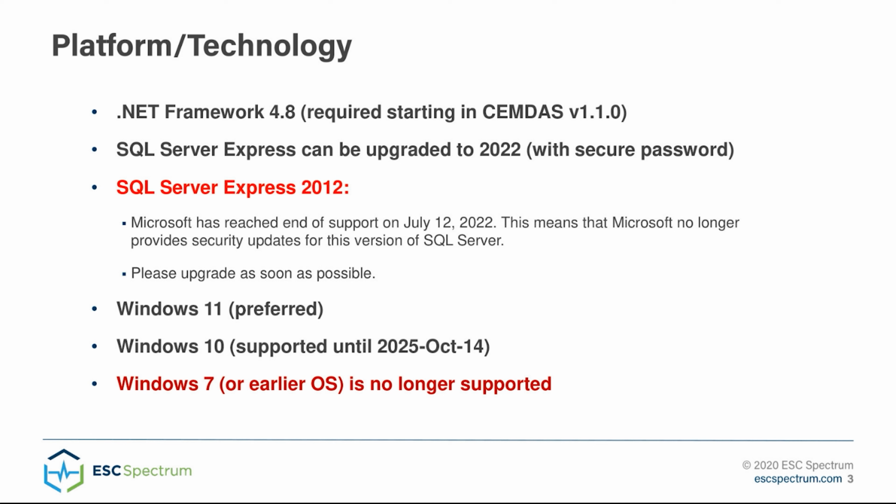As of note, SQL Server Express 2012 is no longer supported by Microsoft as of July 2022. So please note you can upgrade that as soon as possible. It'll still work with 2012. However, you're no longer getting any updates from Microsoft.